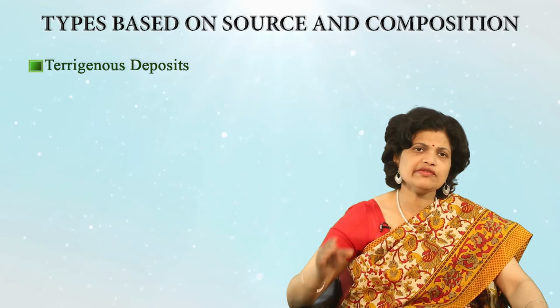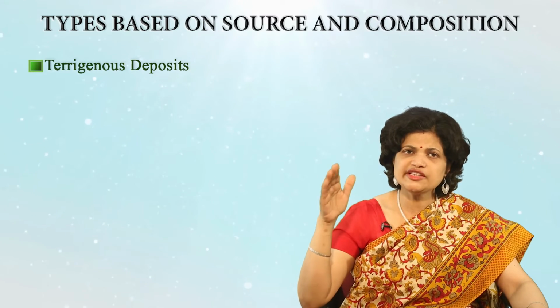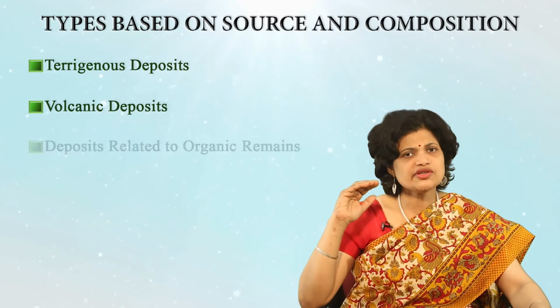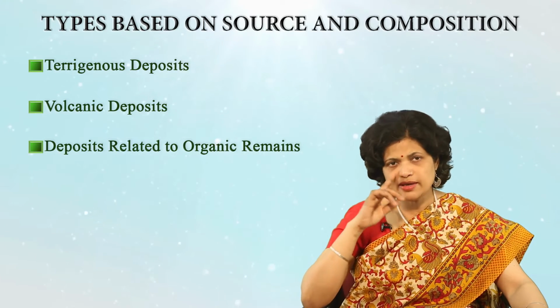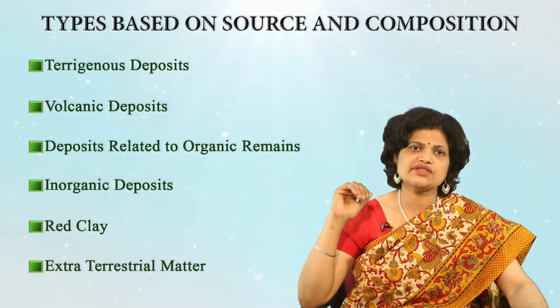In this type of classification based on source and composition, we are focusing more on the composition of the deposits. On the basis of composition, we divide ocean deposits into terrigenous deposits, volcanic deposits, deposits related to organic remains, inorganic deposits, red clay and extraterrestrial matter.